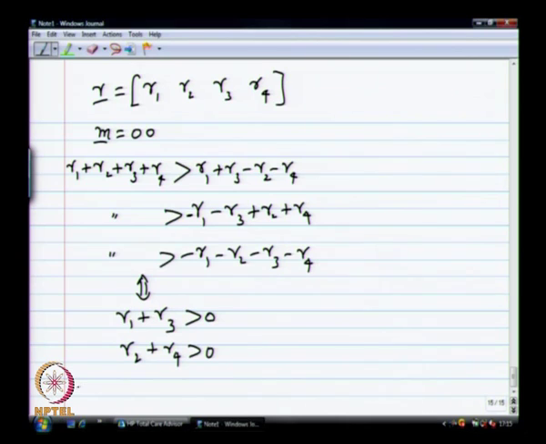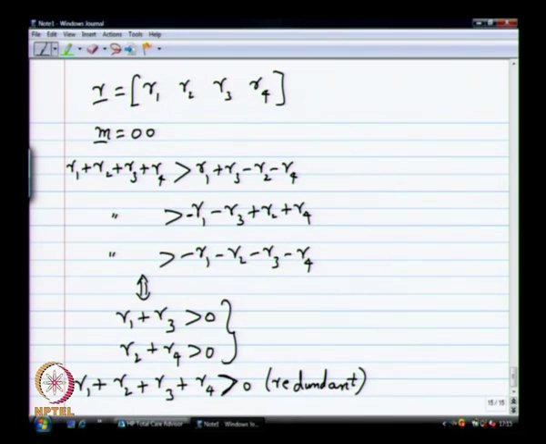The last one is basically R1 plus R2 plus R3 plus R4 has to be greater than 0. So, it is a redundant condition. You do not have to check it. So, this is a simplification, but nevertheless you have these two things to check. If this is true, then you have okay possibility.